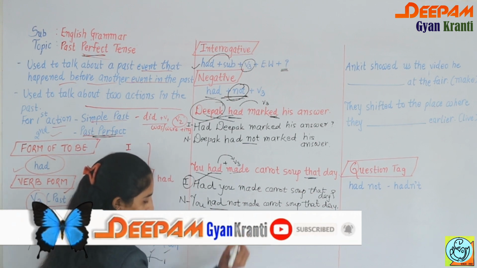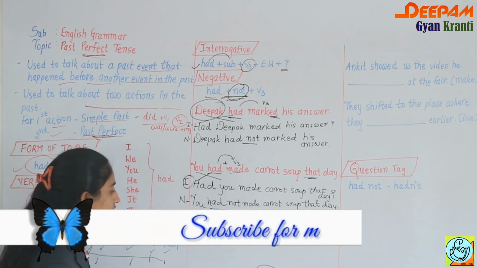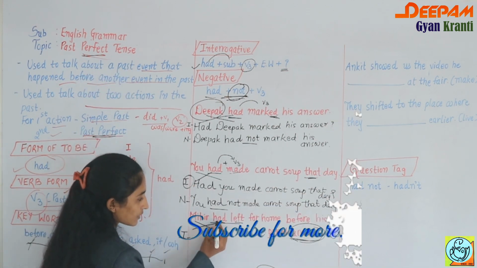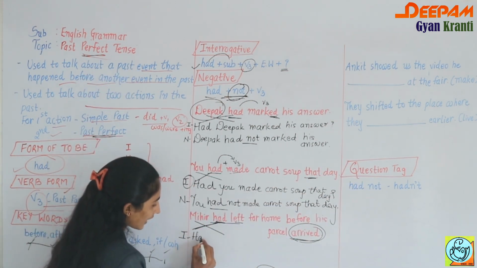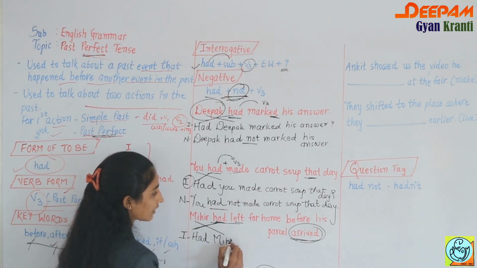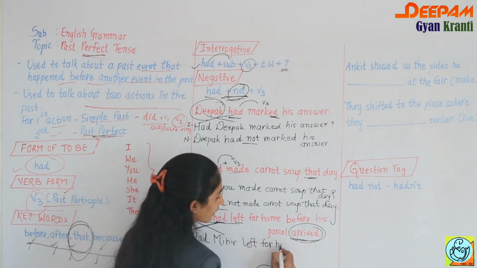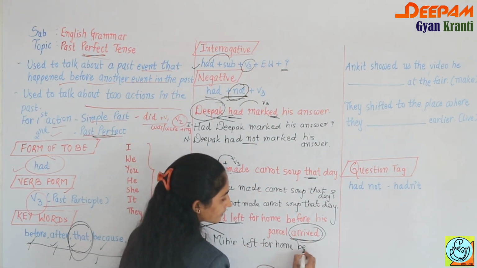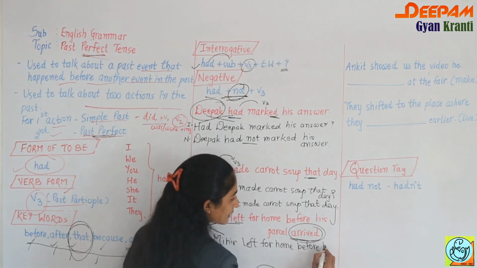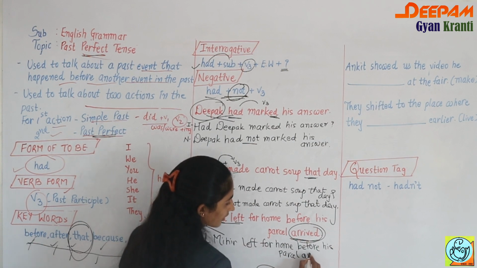So had and left. Left is V3. What is the main form of left? Leave. So first of all, the interrogative sentence. This had comes forward as the to be form. So had, then comes Mihir. So had Mihir left for home before his parcel arrived.